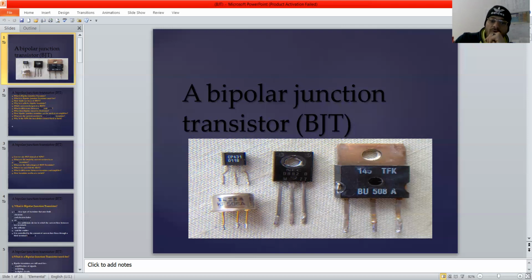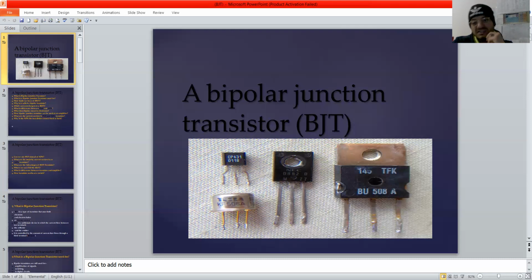It consists of a layer of P, like here. We have two layers from the left side and right side. Between them is a layer of P-doped semiconductor. Now here we talk about NPN, because this version is made of P-doped semiconductor between two layers of N-doped material.